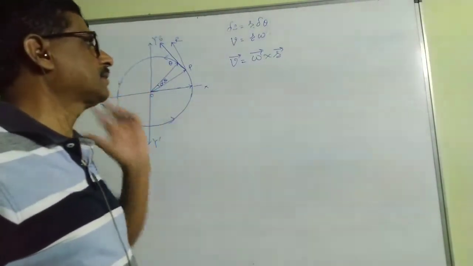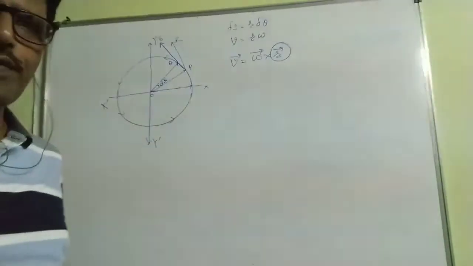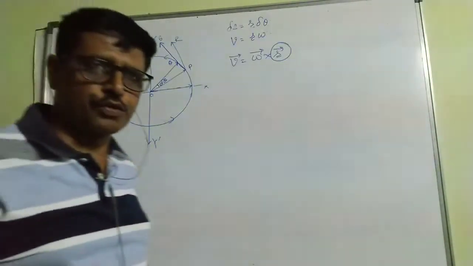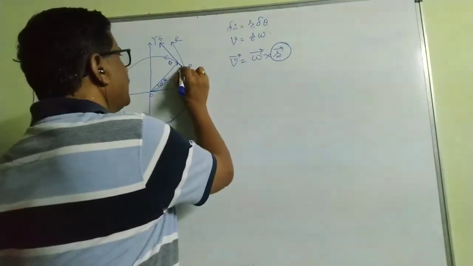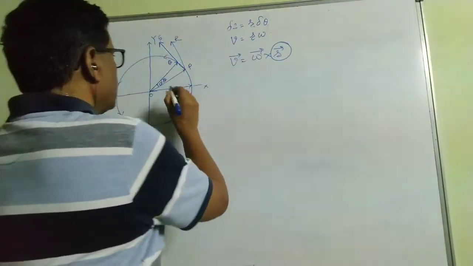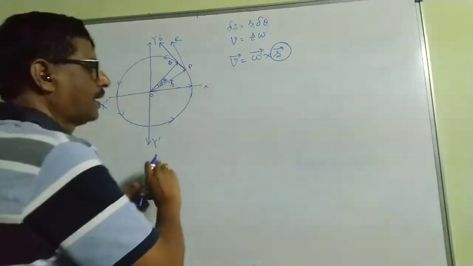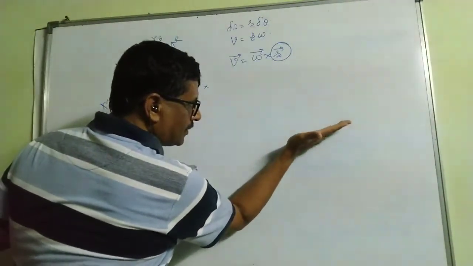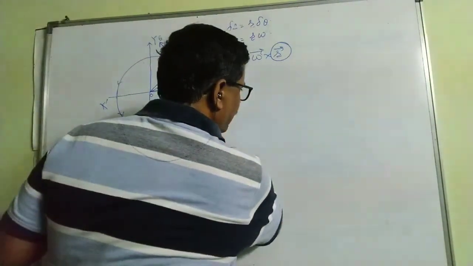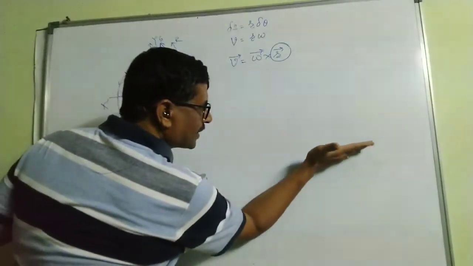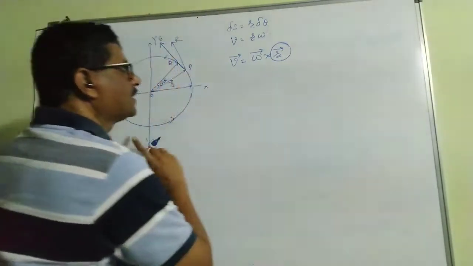This is the radius vector, or we call it the position vector, which represents the position of the particle. A particle in circular motion continuously changes its position. Therefore, this radius vector is moving and tracing an angle every time, so the direction of the radius vector continuously changes.